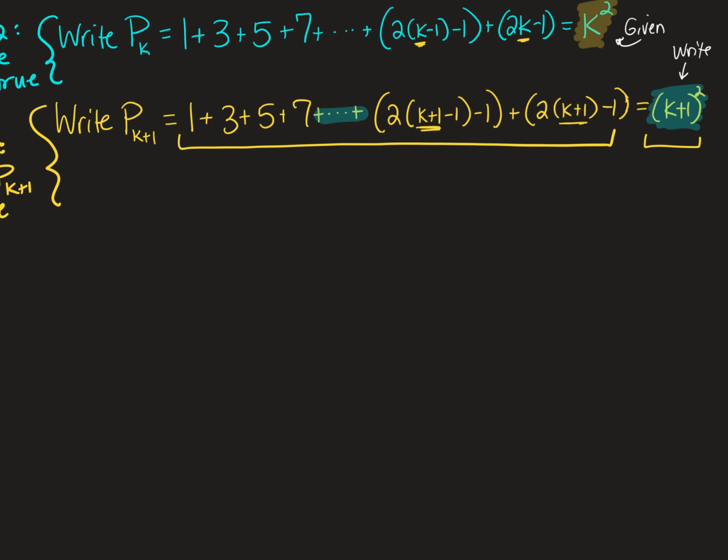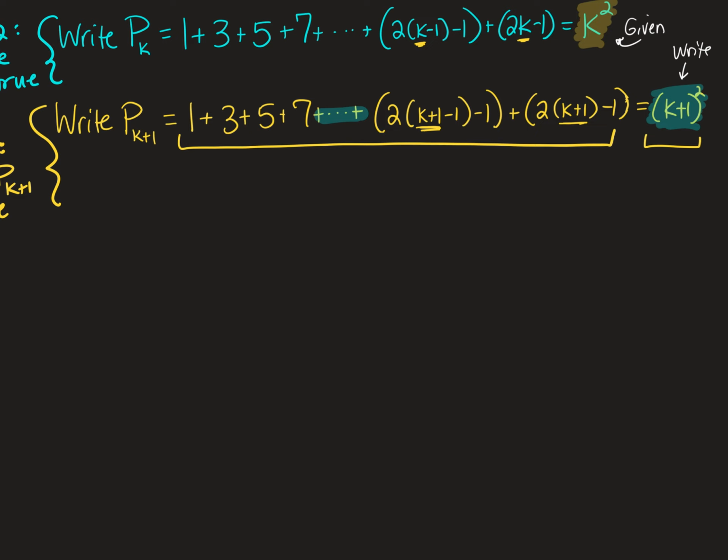I don't know what is in that dot, dot, dot. Okay, so I have a little bit of an issue with that. I can't simplify the left side a whole lot until I can find a way to get rid of the dot, dot, dot. And we'll come back to that in just a minute. Let's do as much as we can.